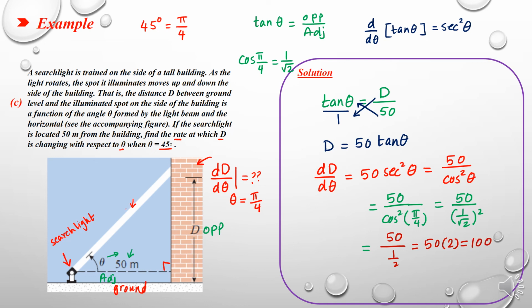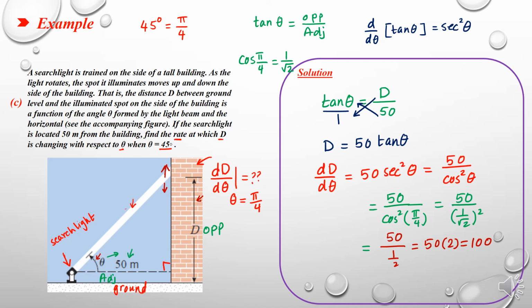The answer is positive, and this makes sense because when the beam goes up, d will increase and the angle also will increase, and when the beam decreases, then d will decrease with theta.